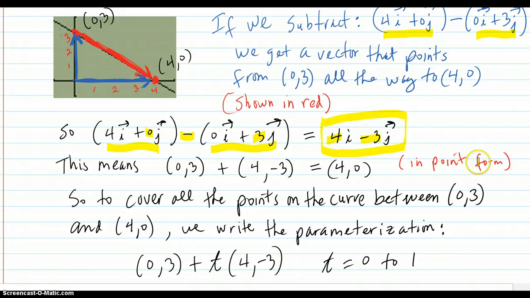Okay, now back in point form, that means that the 0, 3 vector plus 4, negative 3 vector did arrive at 4, 0, and you can see that it does because 0 plus 4 is 4, and 3 minus 3 is 0. So it's checking out.